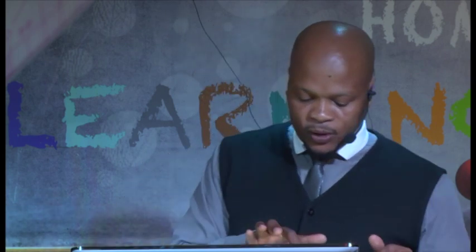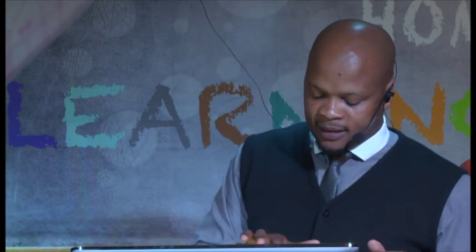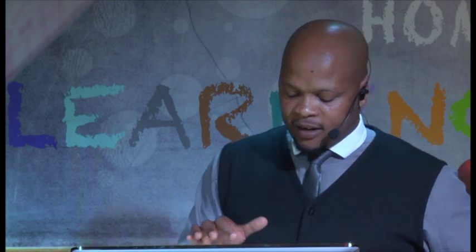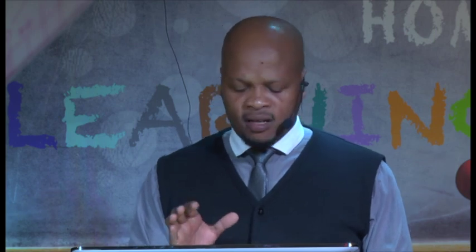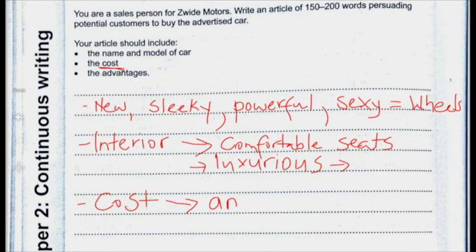Maybe finally, let me look at the cost. You are talking about the cost of the car, which is maybe the next bullet there. The cost of the car, you cannot just say it's cheap. You do have adjectives like at an amazing price, or unbelievable price of, or unbelievable amount of this much.